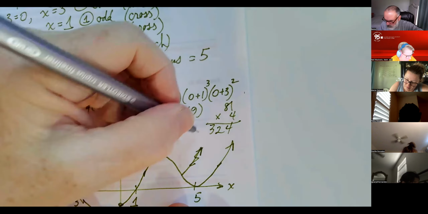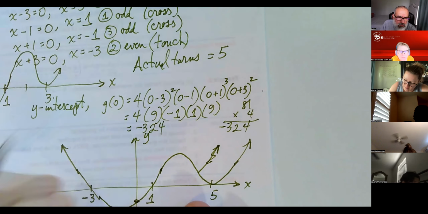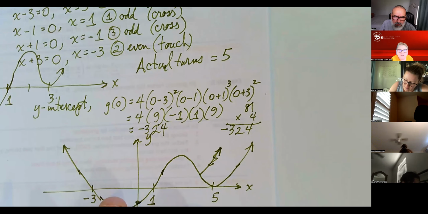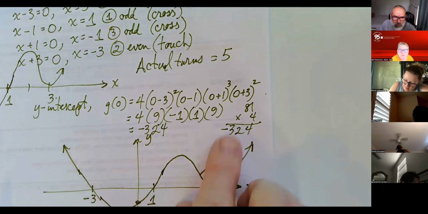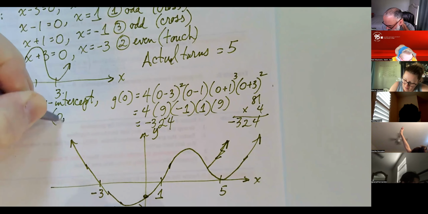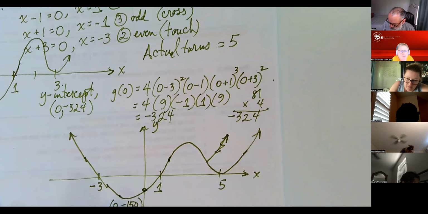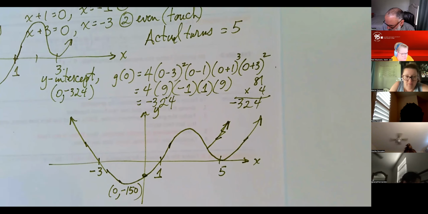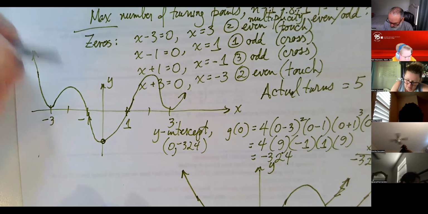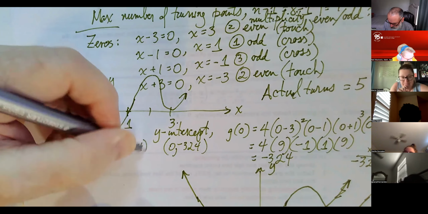Is that right? 8 times 4 is 32. 4 times 1 is 4. Yeah, and it's negative. So the y-intercept is 0, comma, negative 324. We don't care what the graph looks like. What we care about is that this point is going to be 0, negative 324.